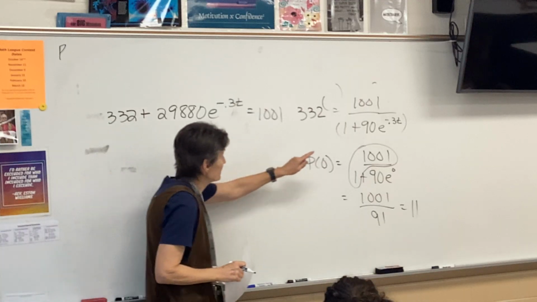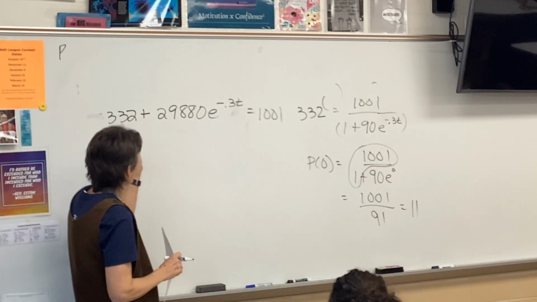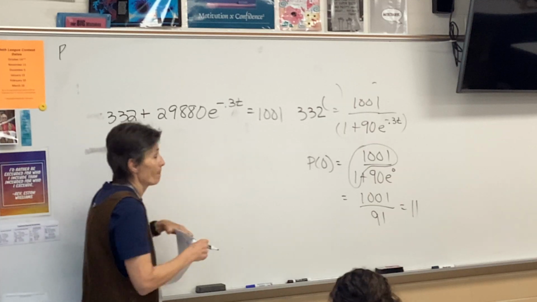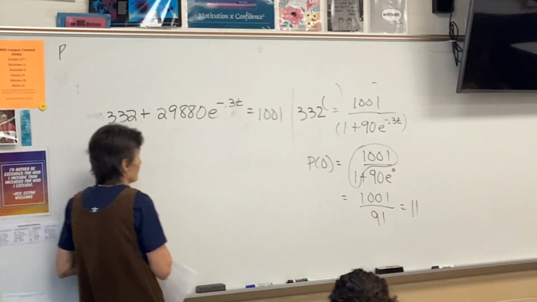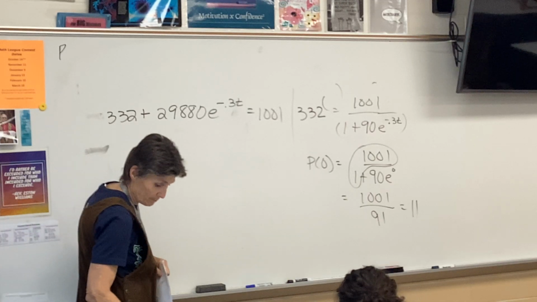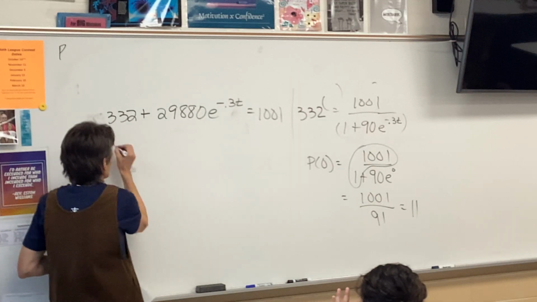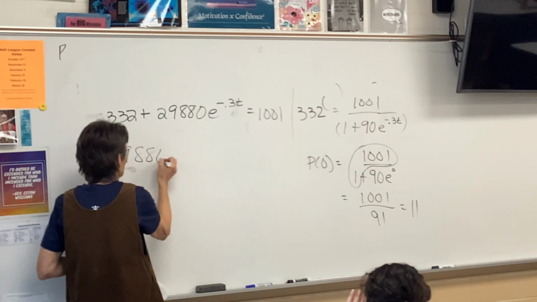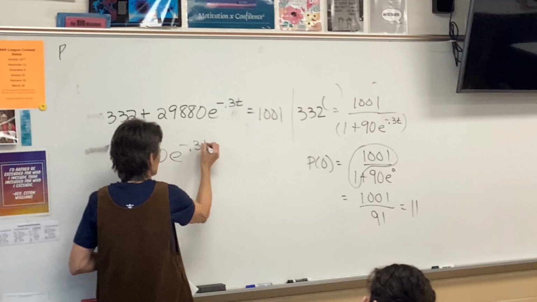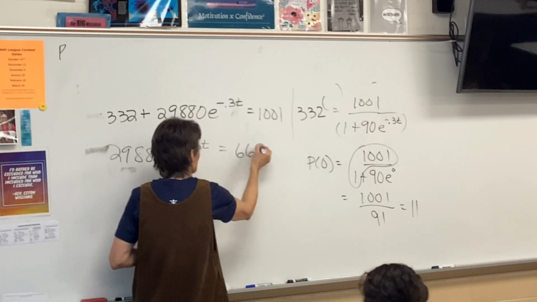I brought this over and distributed it with 332. All right, now what? So 1,001 minus 332. So 29,880 e to the negative 0.3t equals 669.